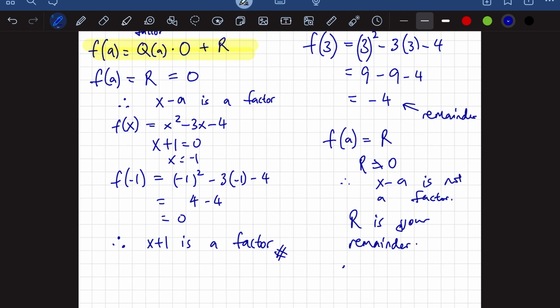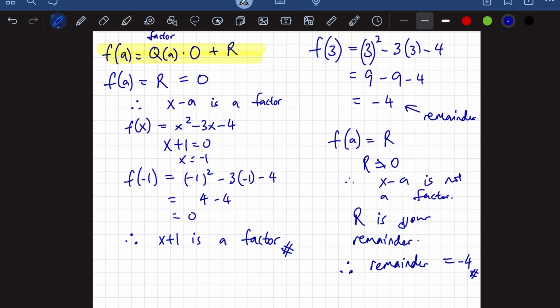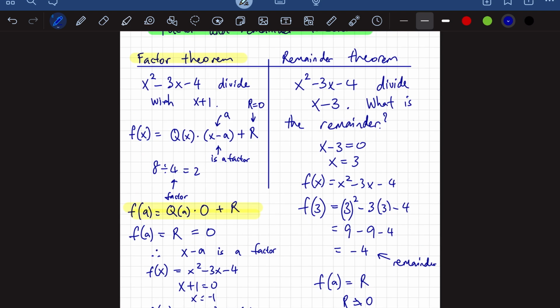So therefore we say the remainder in this example is equal to -4. So we are done with remainder theorem.